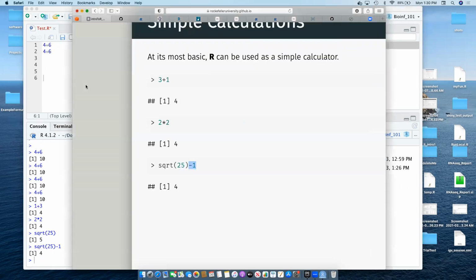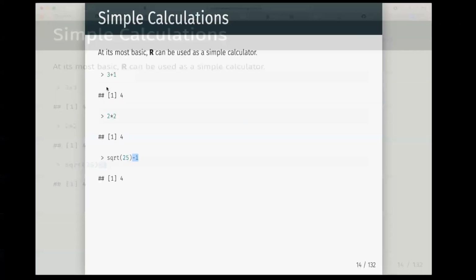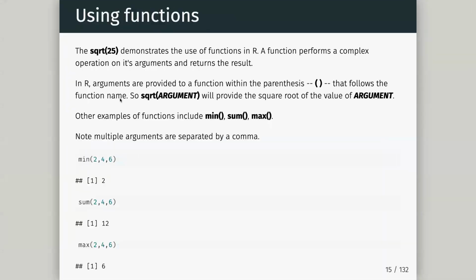So already we've seen, I think, our first use of a function, a very simple function. This square root 25 demonstrates a simple use of a function. Functions in R are effectively just tools that allow us to perform a complex operation on their arguments and then get the result.